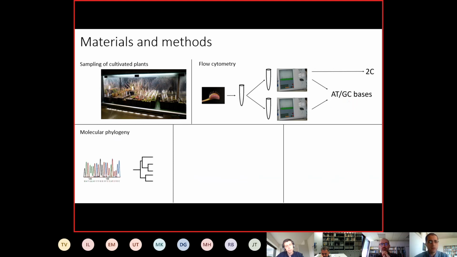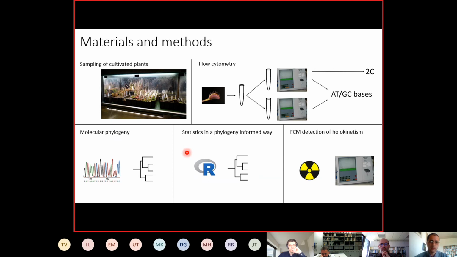We employed molecular phylogenies and constructed phylogenetic trees because we performed statistics in a phylogeny-informed way. We also employed one other method, which was flow cytometric detection of holokinetism, but I will say a few details about this method later.